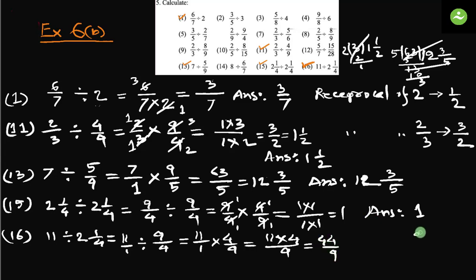We divide 44 by 9. 4 into 9 is 36, remainder 8. So 4 and 8 ninth, equals 4 and 8 over 9. Answer is 4 and 8 over 9.